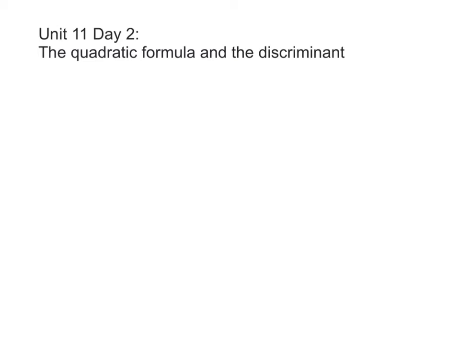So today we're really focusing on the discriminant part of that. What you need to know is the discriminant is the part inside the radical, so that's b squared minus 4ac.